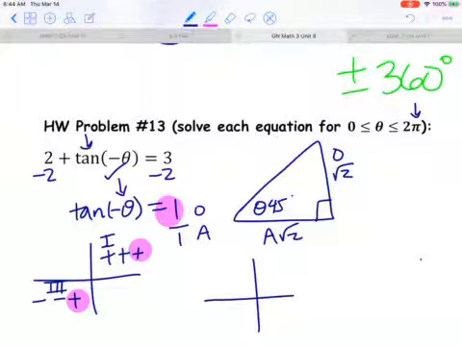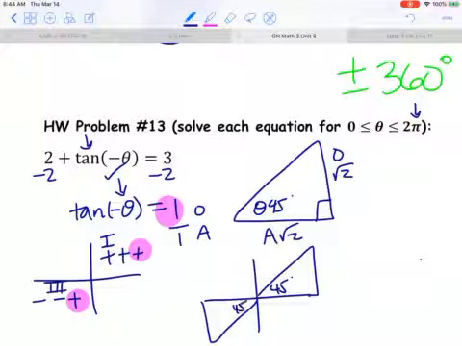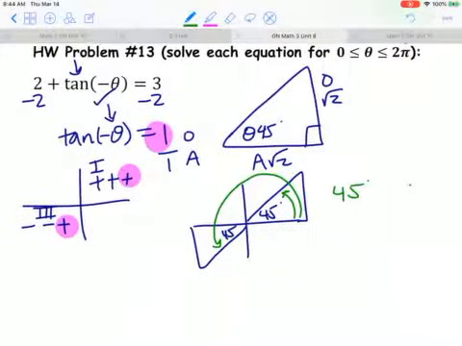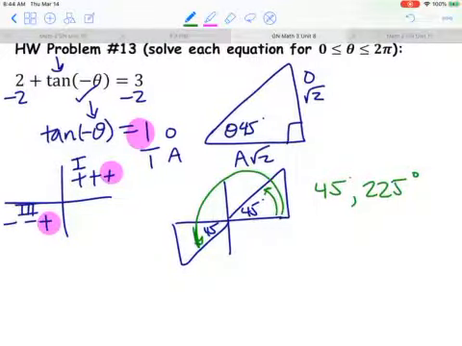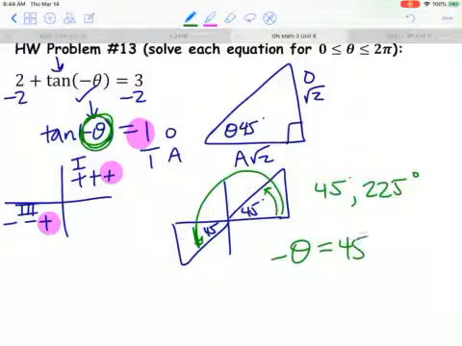If I draw my 45 triangle and go to the diagonal, to here it's just 45. And then all the way to here, that's 180 plus 45, which is 225. Once you have those two, that's what this inside piece equals. So negative angle equals those two things.